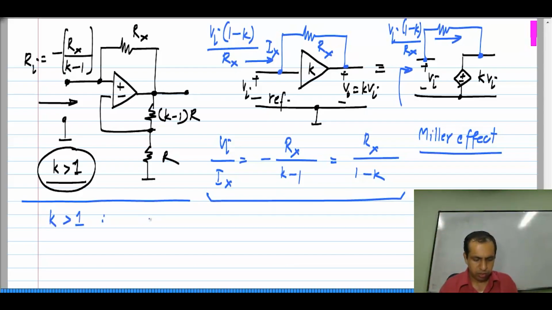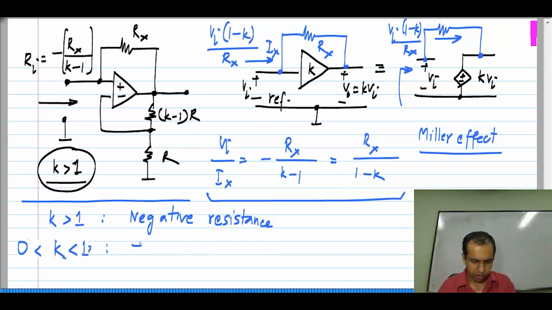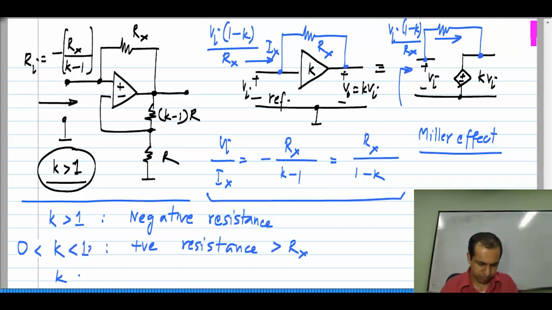If k is more than 1, we see a negative resistance at the input, and if k is between 0 and 1, we see a positive resistance which is more than Rx, more than the resistor that you have in the circuit, and if k is smaller than 0, that is, if k is negative, then we have a positive resistance that is smaller than Rx.